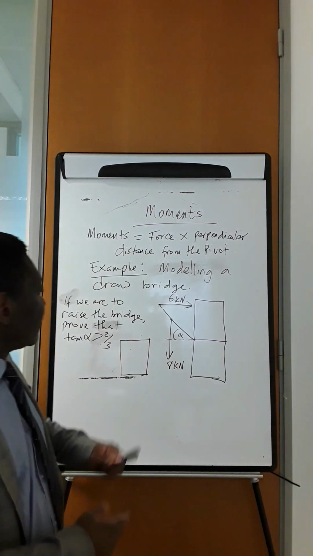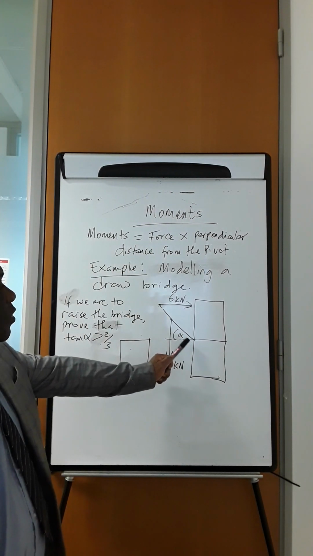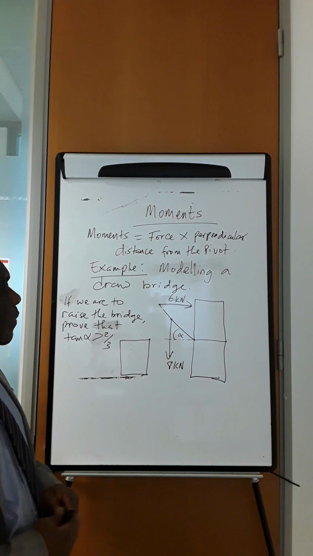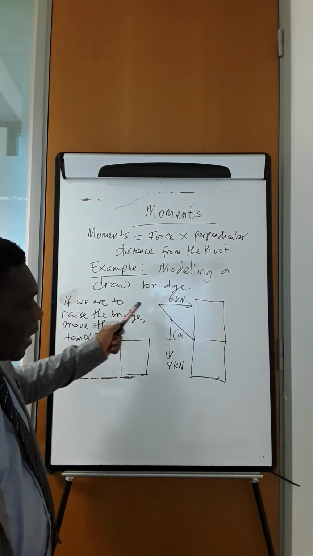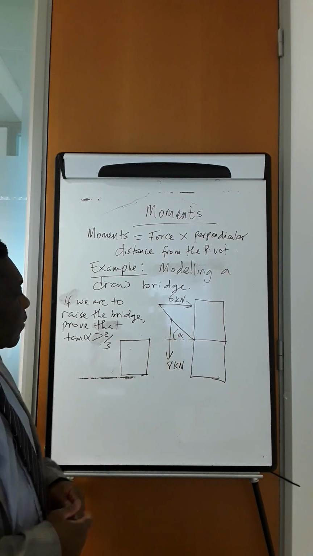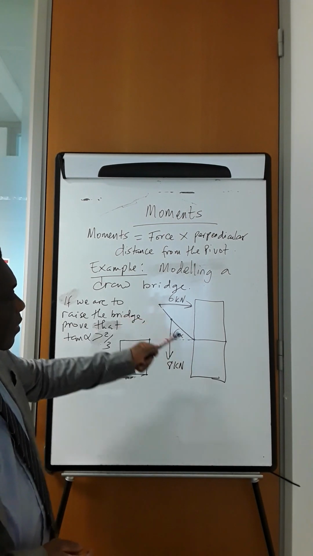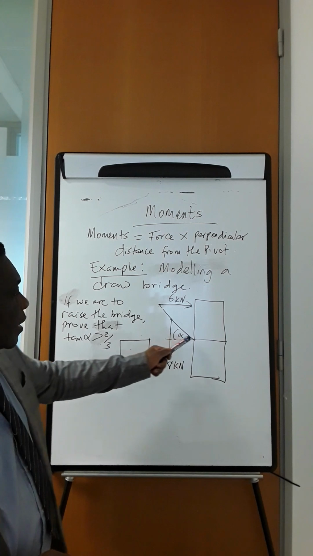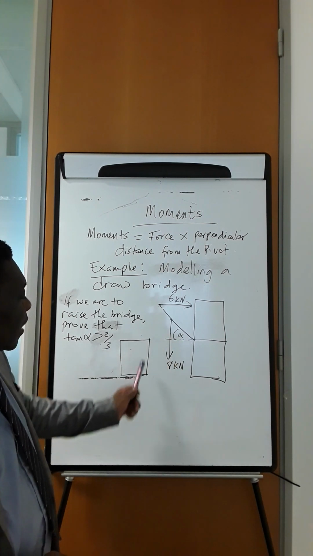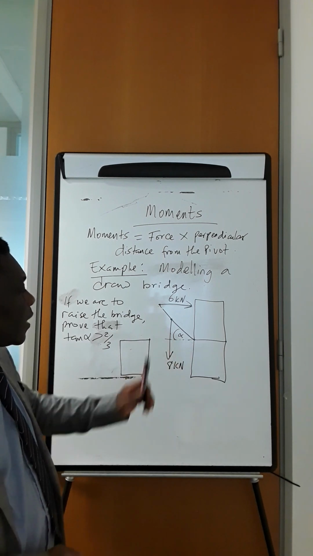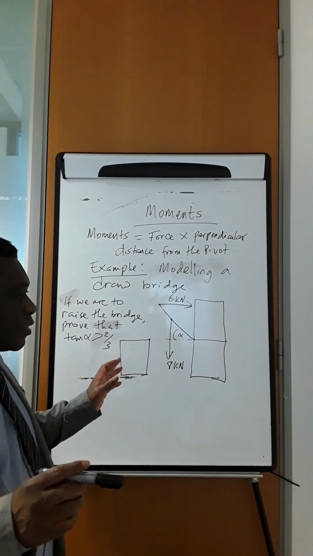We have this bridge which is to be opened. Now, a 6 kilonewton force is actually applied horizontally to open the bridge. This is the bridge here. Normally the bridge attaches itself on these 2 points and it is supported by these 2 pillars. But we're not going to work on support.